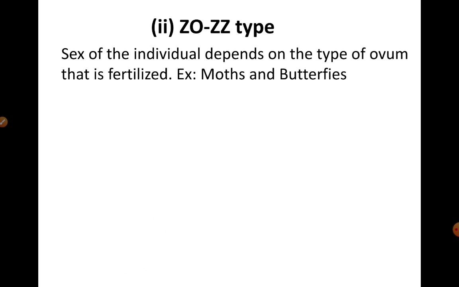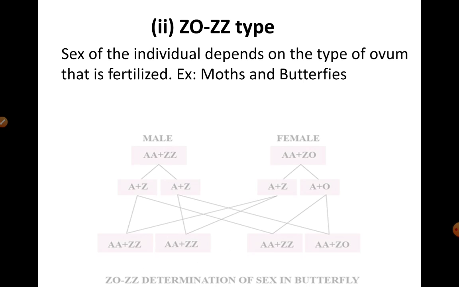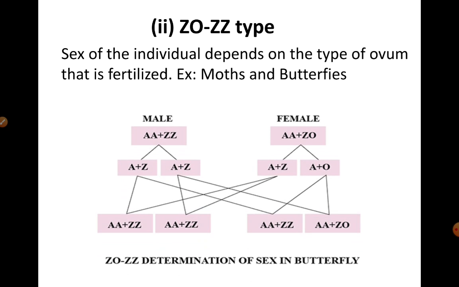In the ZO and ZZ type, here also the sex of the individual depends on the type of ovum that is fertilized, and such examples are seen in some butterflies and moths. Here the females will have odd sex chromosomes because they are heterogametic.